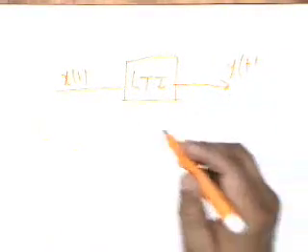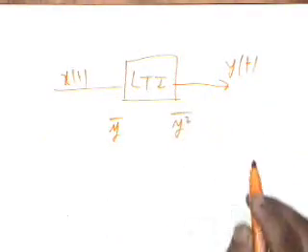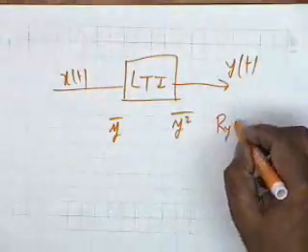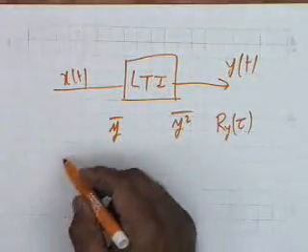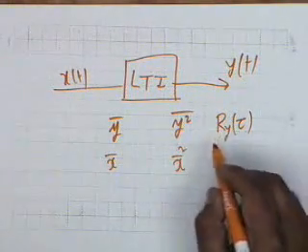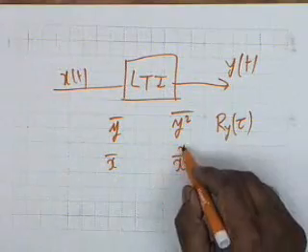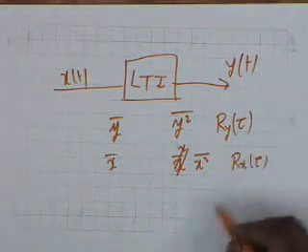Y(t) is also random. We showed how to find y bar and y squared bar and also Ry(tau). All these quantities were expressed in terms of x squared bar and Rx(tau).